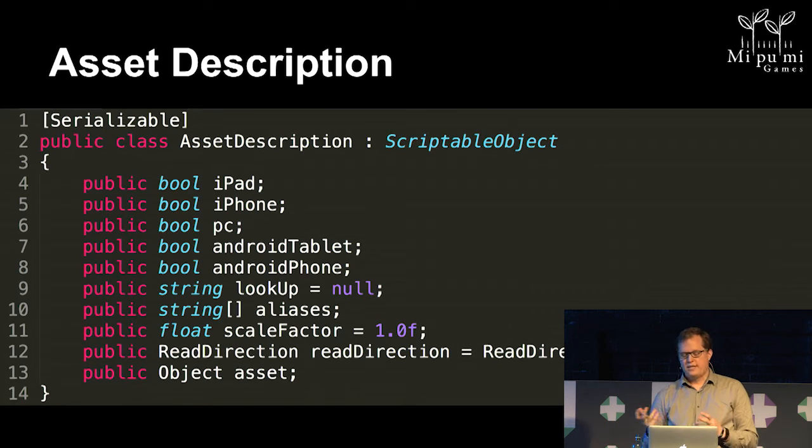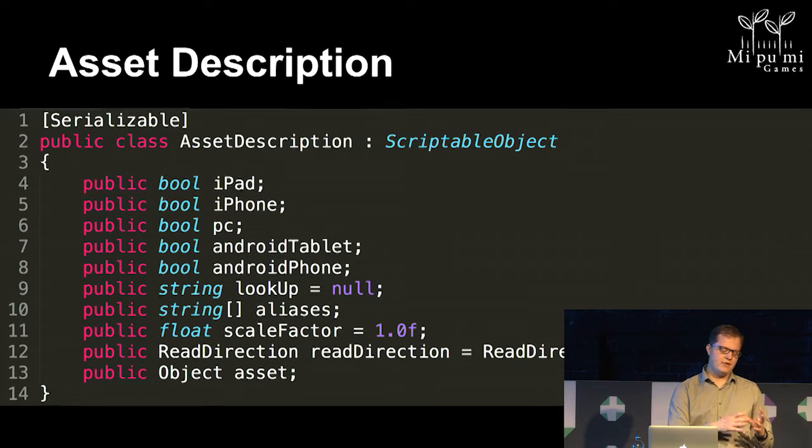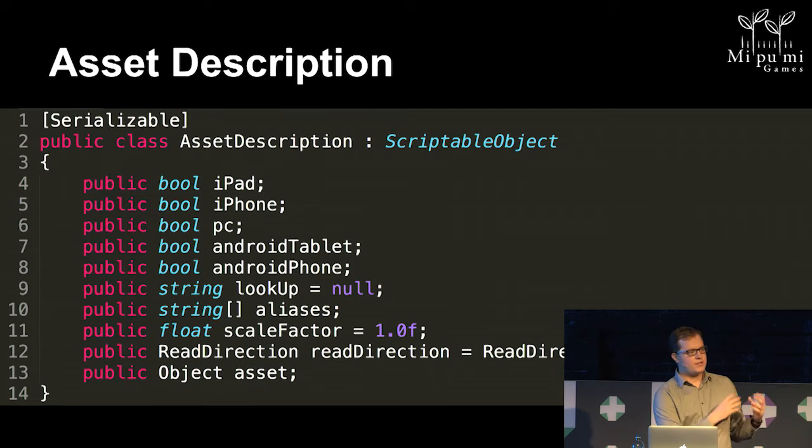We have a lookup and aliases. In our code base, not every asset has a name other than the file itself. If our content creators are generating a UI screen for HD or SD resolution, they add a postfix or prefix to that asset.